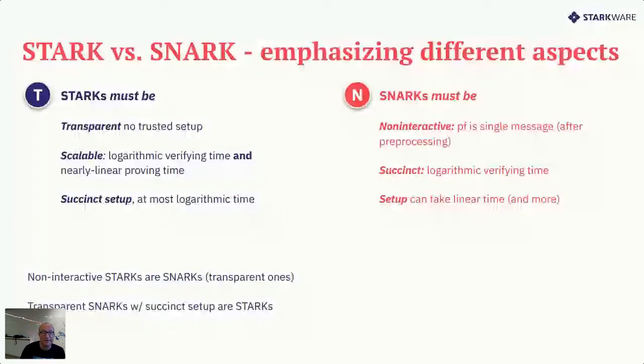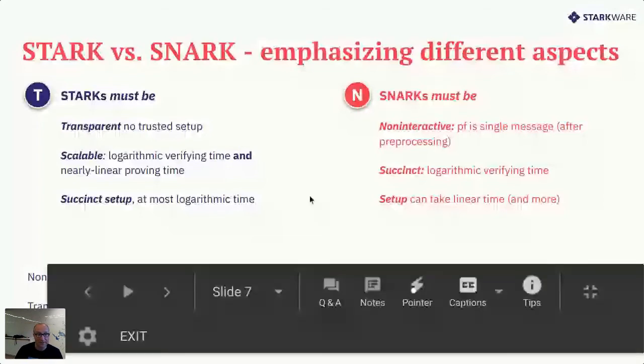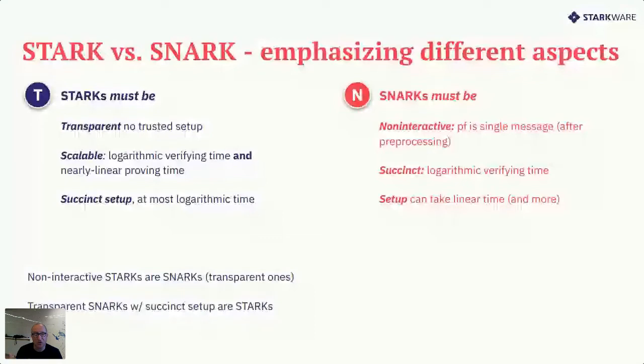So in particular, you can see that non-interactive Starks are Snarks and are actually transparent Snarks. And you'll see in the literature, sometimes people talk about transparent Snarks. Sorry, I wanted to say it the other way around.